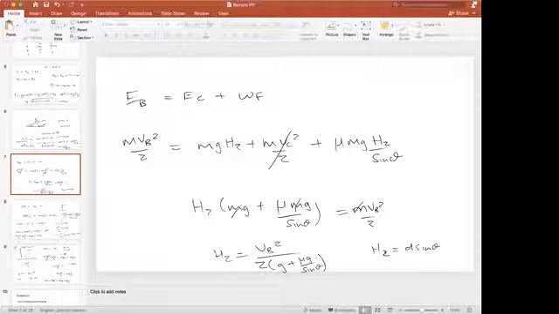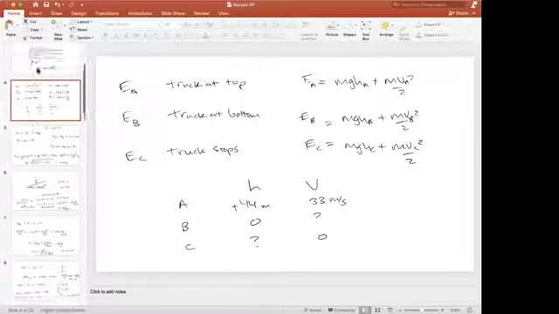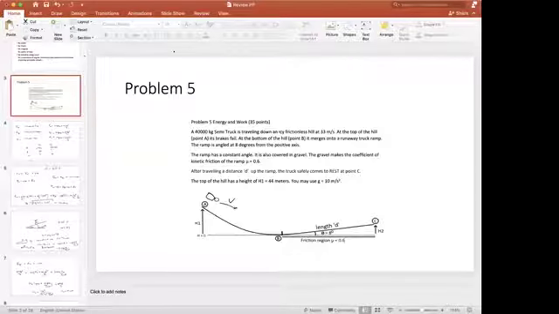The major thing I want you to take away from this problem is, when we look at this, we just write down the energy here, and the energy here. If there's friction at some point, we need to figure out where to put the friction, and that's a little tricky.